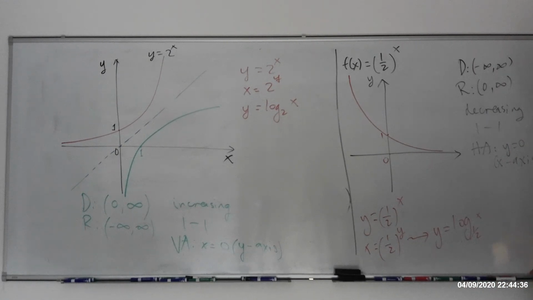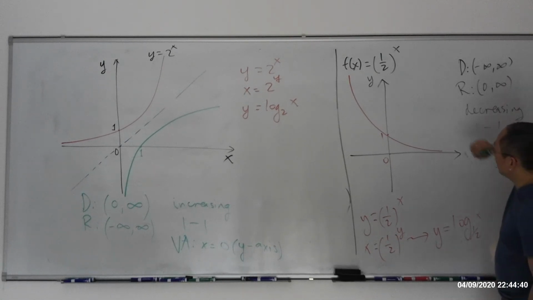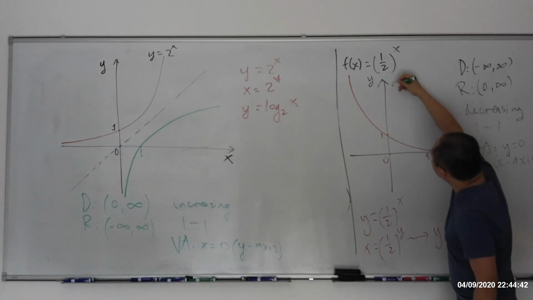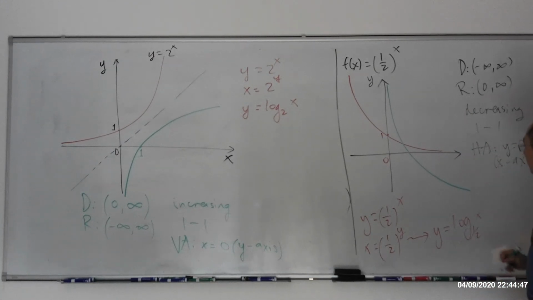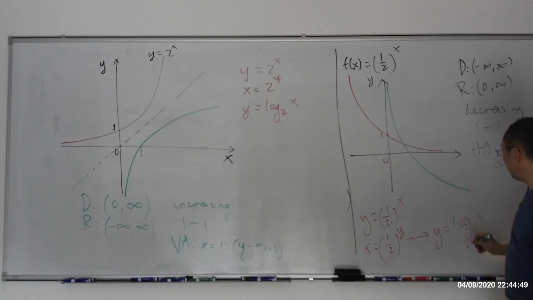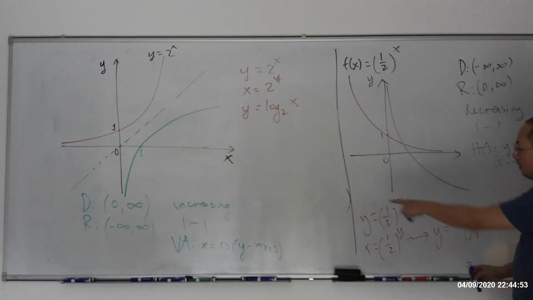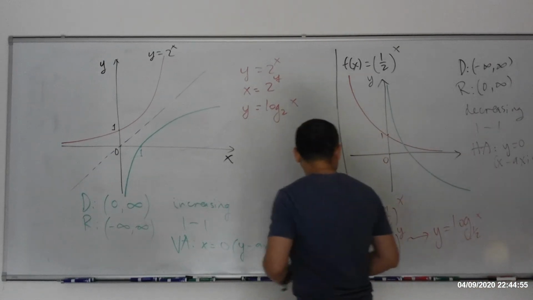Okay, let's take a look at the graph. And the graph of this one is going to be like this. Okay, the green curve is the graph of the log function. And it's probably the same as before, except for one thing.